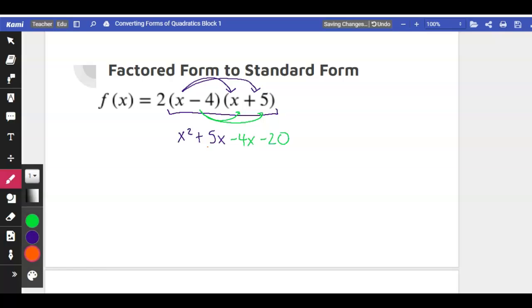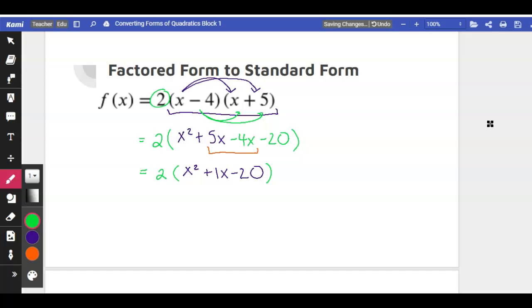Chances are you'll have some like terms. Now, if you're like a lot of students, you're going to get to this point and be like, woohoo, I'm done. But we can't forget the 2. So it's probably a great practice to keep the 2 on the outside of the problem the whole way until you're ready to distribute him.